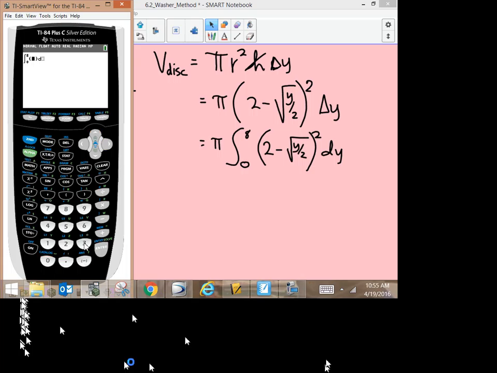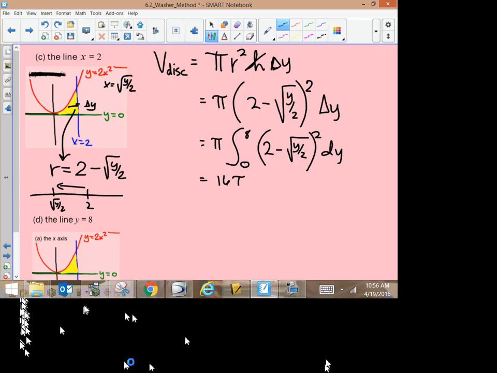I'm going to square the whole thing, so I need my extra set of parentheses, 2 minus square root of x over 2, square the whole thing. 5.3333333 is 16/3 pi.